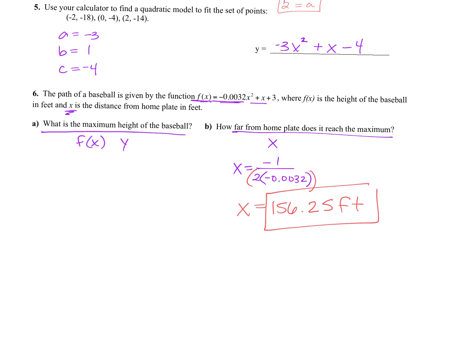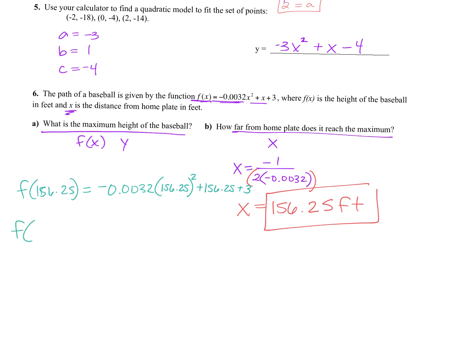What do you do to find the max height then? Plug that in. So f of 156.25 equals negative 0.0032 times 156.25 squared plus 156.25 plus 3. Okay, so you're just plugging that into your calculator.